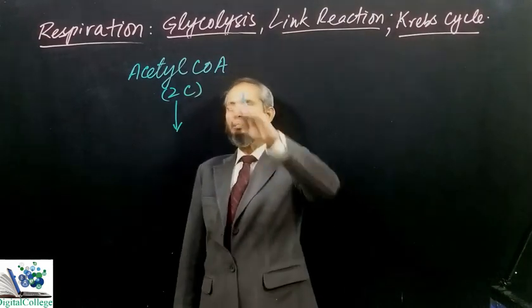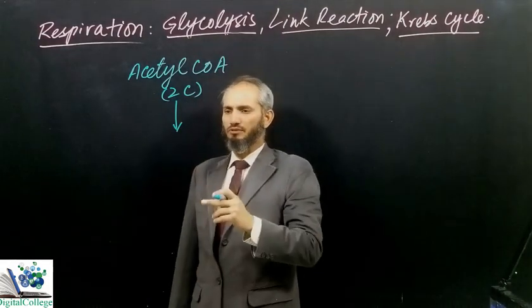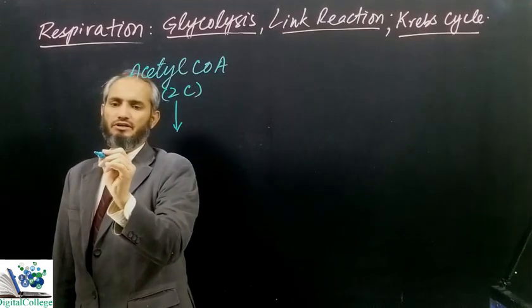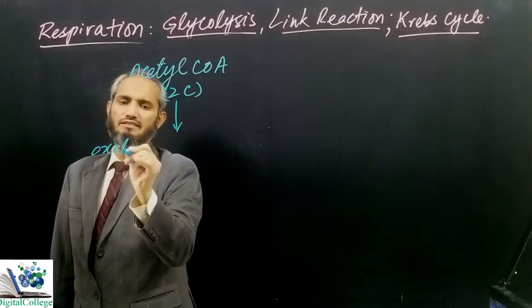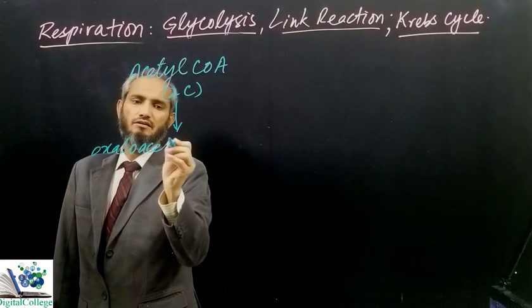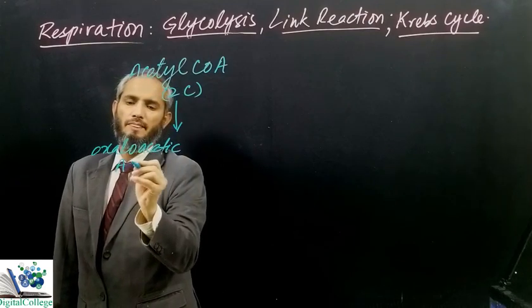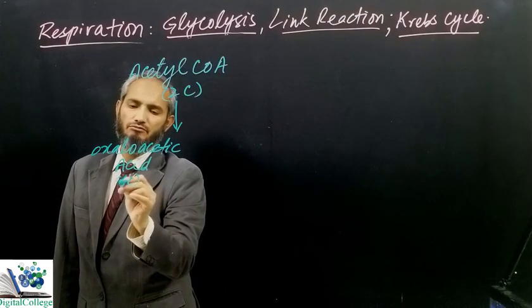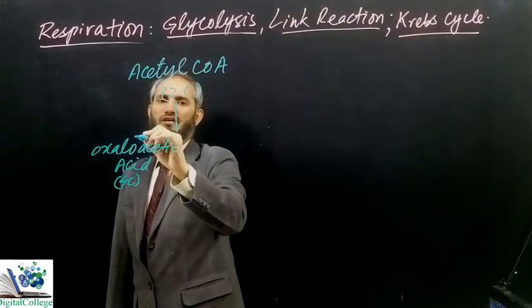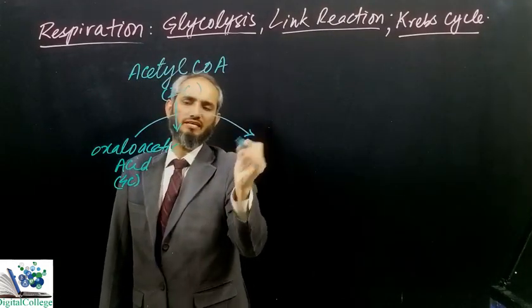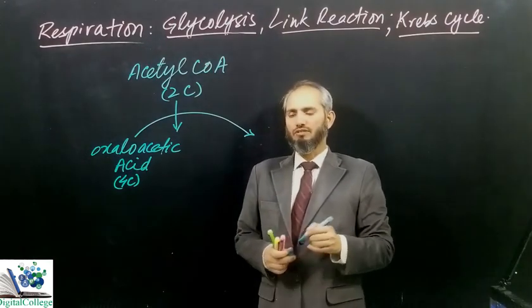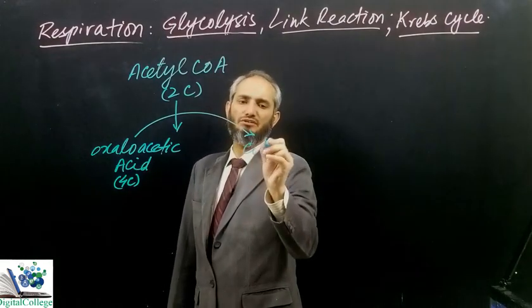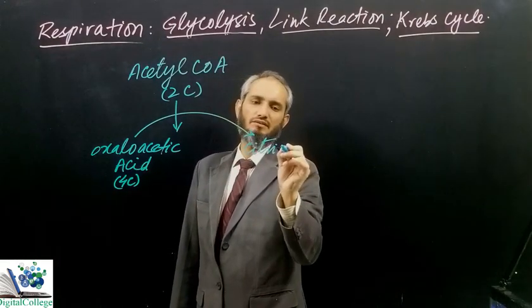Now the stage it will enter into this cyclic process, the last product here is oxaloacetic acid, which is a 4-carbon compound. Now this oxaloacetic acid will take this acetyl coenzyme A and is changed into citric acid.